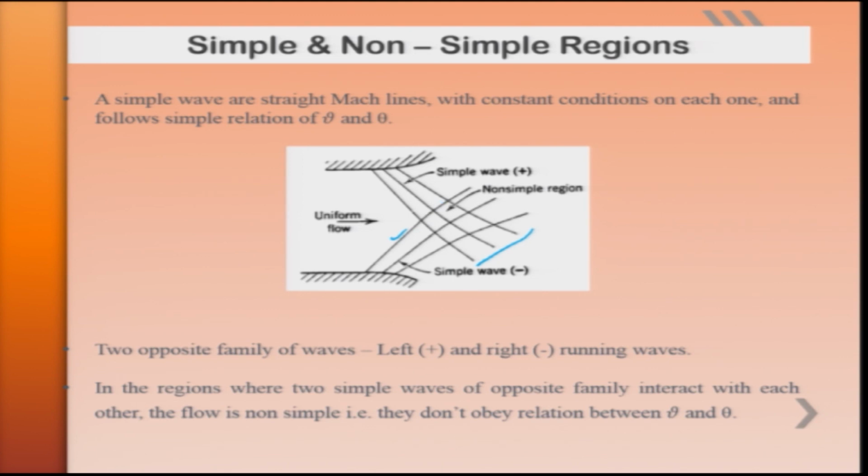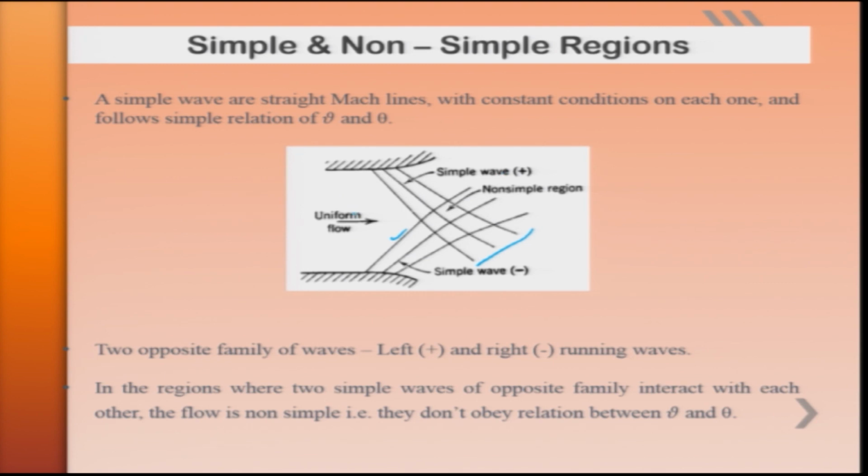These characteristic waves intersect each other, and these characteristic waves are linear waves, and after intersection also they do not lose their linearity. That is, before or after the intersection where these characteristic waves intersect each other, they remain linear, and that is why they are called simple waves.